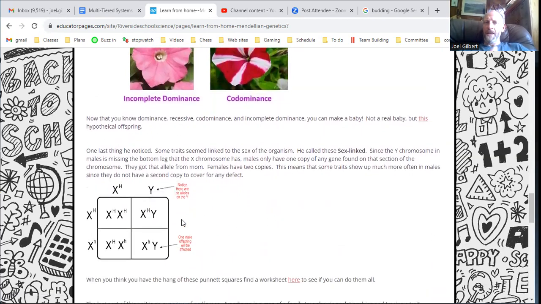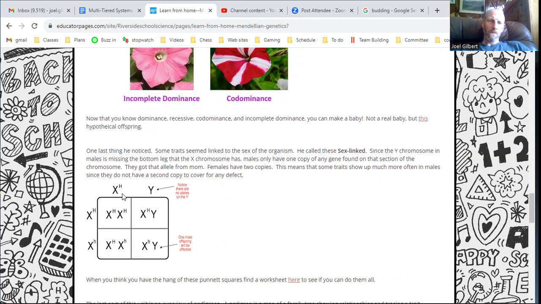More examples. I don't think he found this, it was years later, but it's still classified under Mendelian genetics. We've found some traits are linked to the X chromosome. So we call them sex-linked because, as I'm sure you've learned in class by now, the X and Y chromosomes are called the sex chromosomes, and they determine whether you have a penis and make a lot of testosterone, or whether you have a vagina and make a lot of estrogen. It's true there are exceptions. There are things that mess with this, and it's not necessarily your gender.